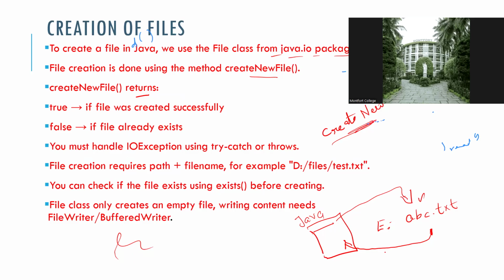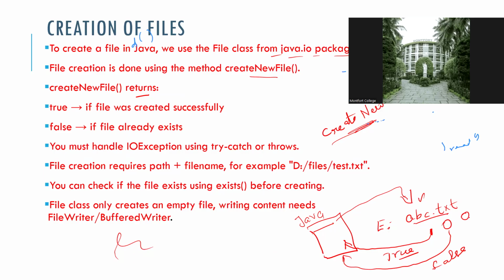If I receive 1, that is true, which means the file is created. But if it is not created, it is going to return 0, which to the code means false: the file is not created. And one more situation is there.